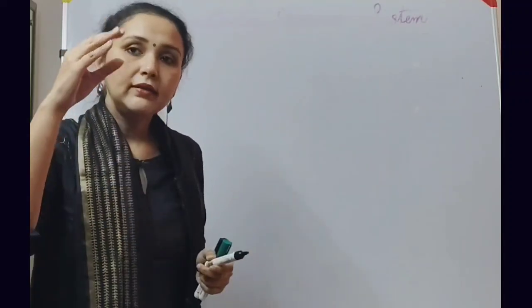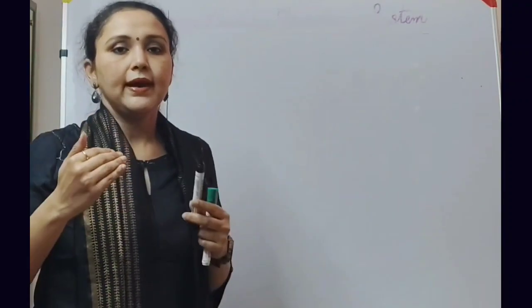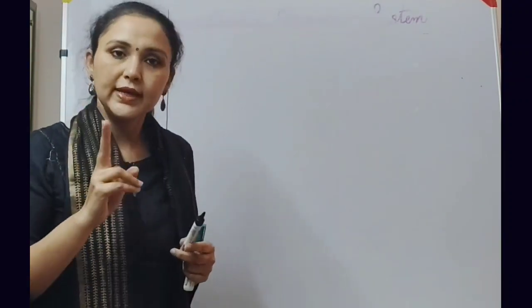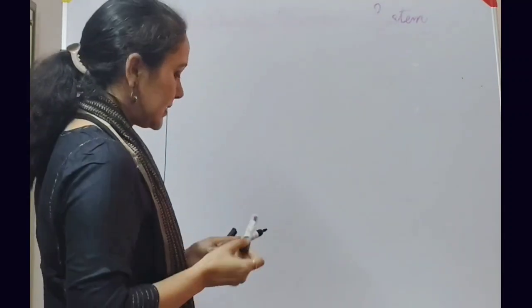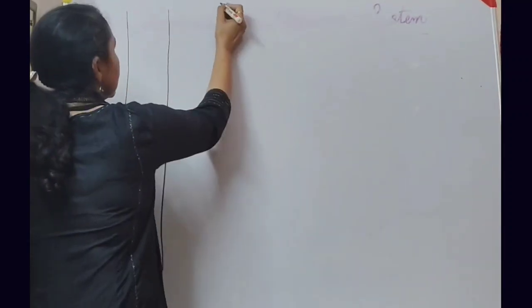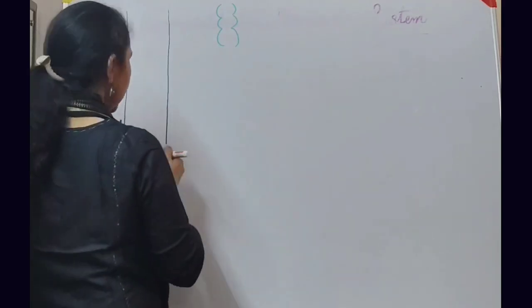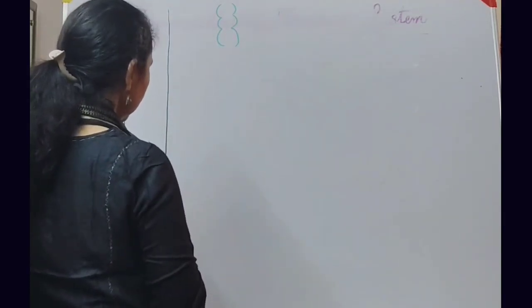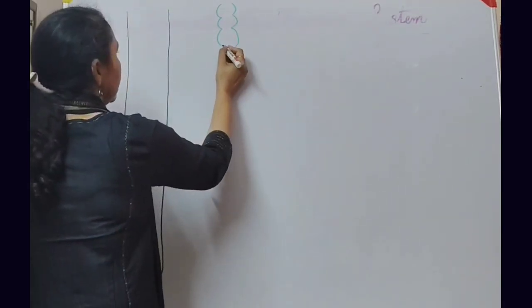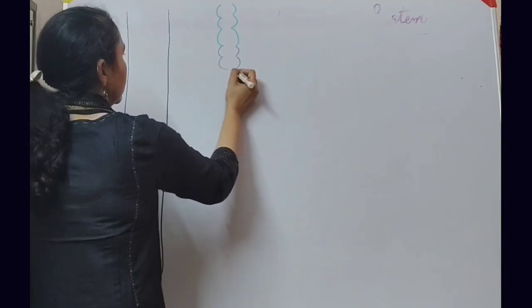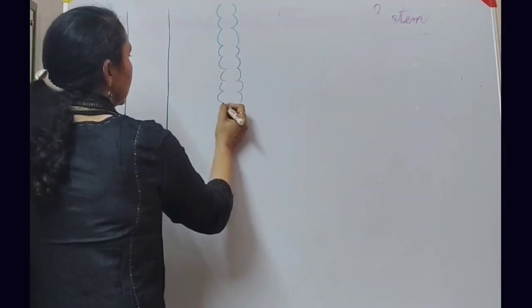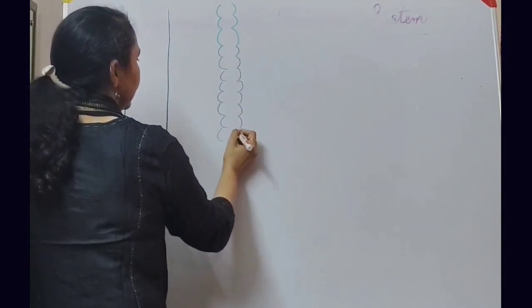Again, there are cervical ganglia, thoracic ganglia, lumbar ganglia. So we have 3 cervical ganglia. We can show them with these colors. This is the cervical part. Then there are 12 thoracic ganglia.